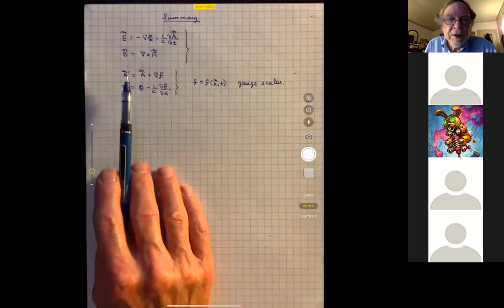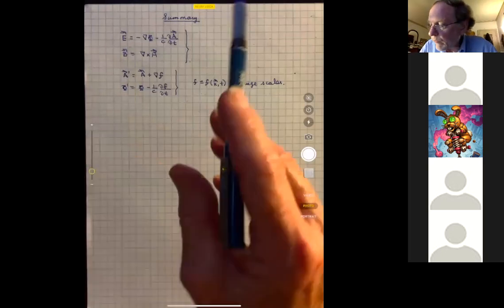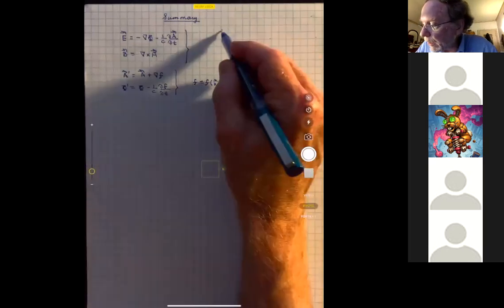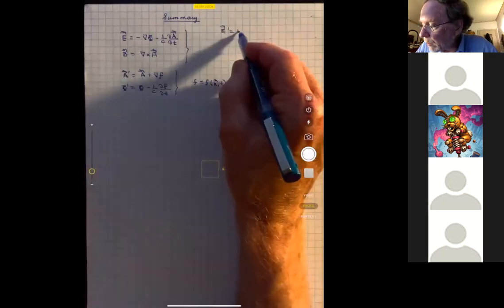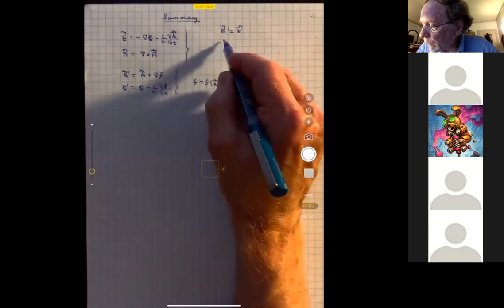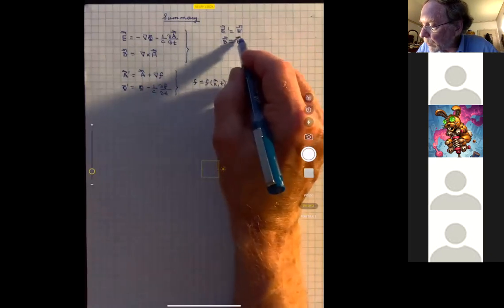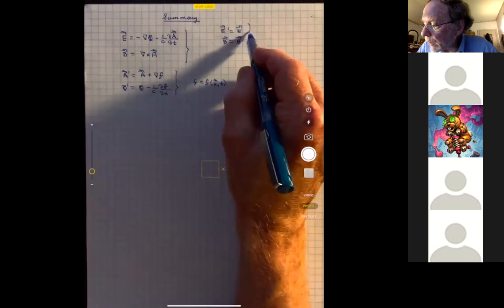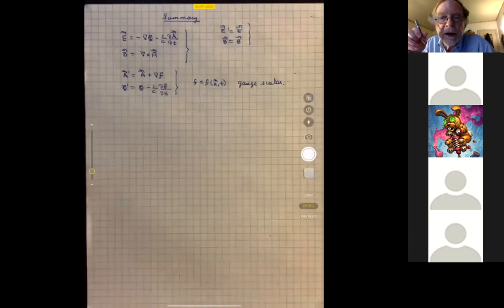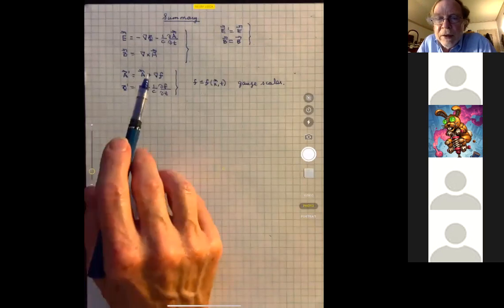And if you use the primed potentials to calculate E and B, what you find is that E prime is equal to E, and B prime is equal to B. That is to say that the electric and magnetic fields are invariant under a gauge transformation. So I prefer to think about this in the following way.